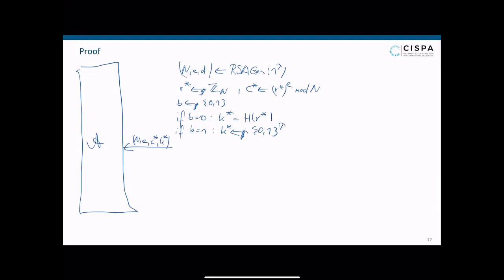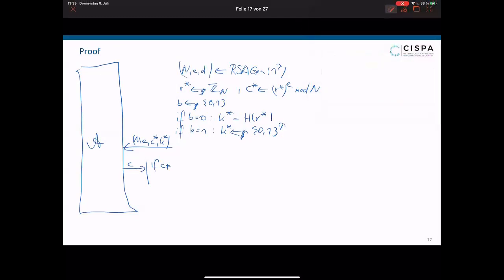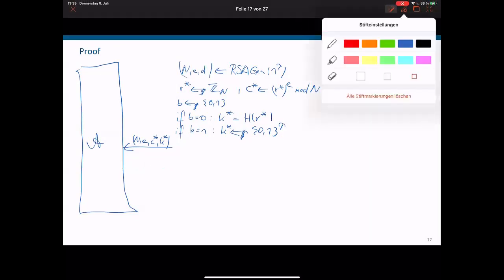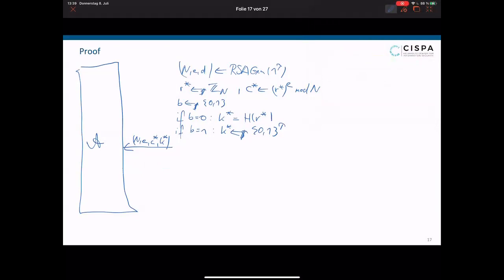Good, but he also demands a decapsulation oracle where he can send ciphertexts C. Since we're in the random oracle model, of course, he will get access to this random oracle H. But now he also gets access to this decapsulation oracle, which first checks if C equals C star.